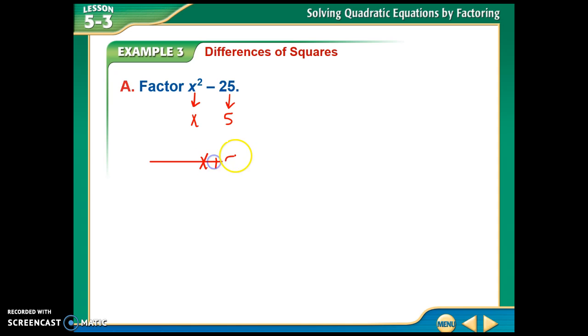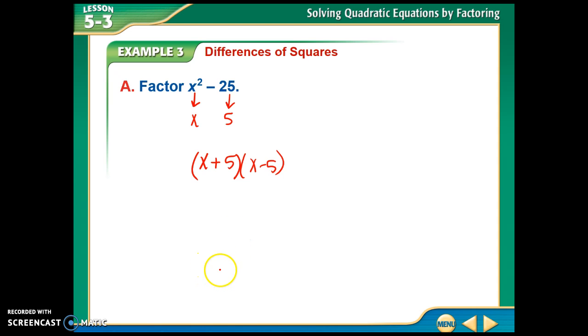So we have x plus 5 and x minus 5. This pattern every single time, it doesn't ever change: first one plus the second, first one minus the second.